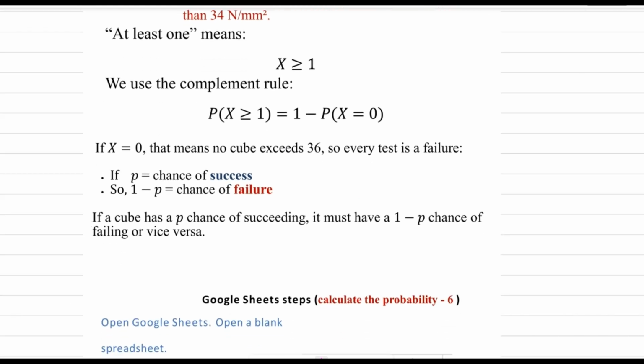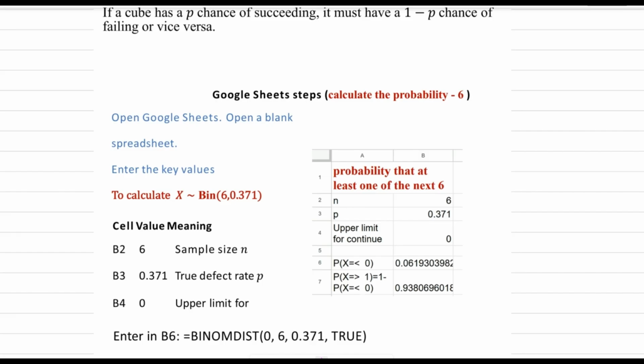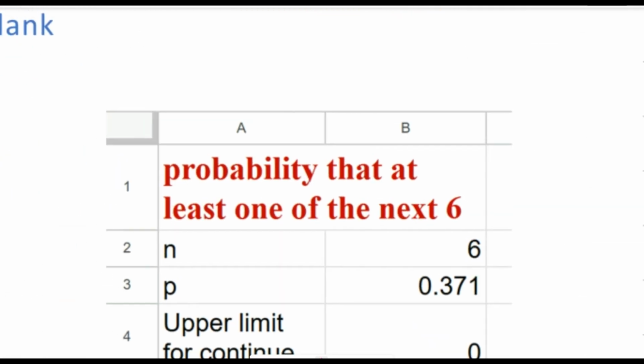So how to do this one? Using Microsoft Excel or Google Sheets. It's quite a straightforward process. Once you have your sheet ready, you write these columns here. You write n and you write the number of trials. And then the probability that you already calculated, 0.371.